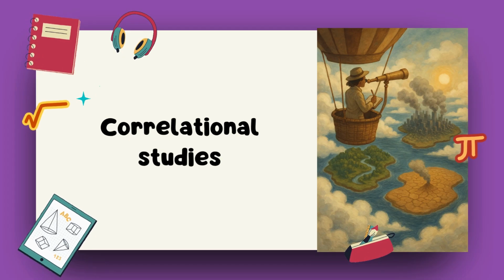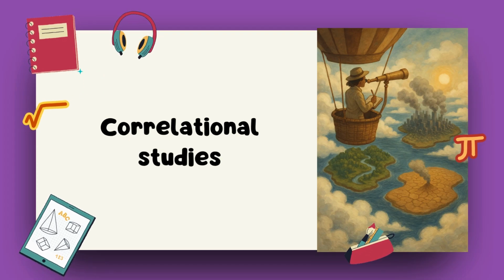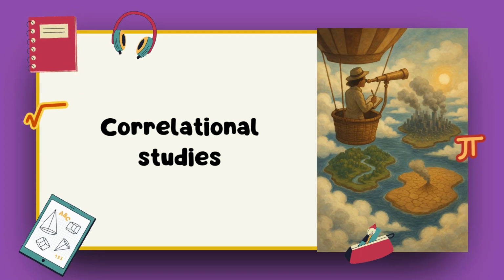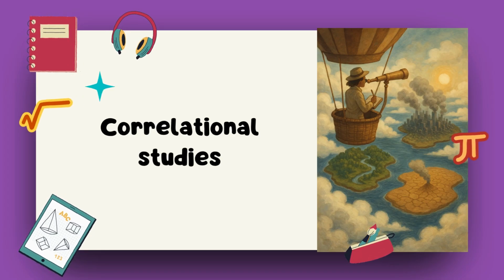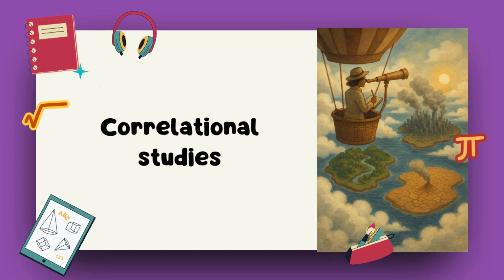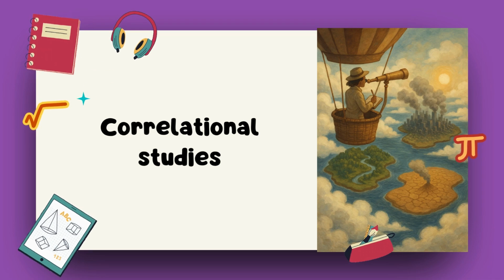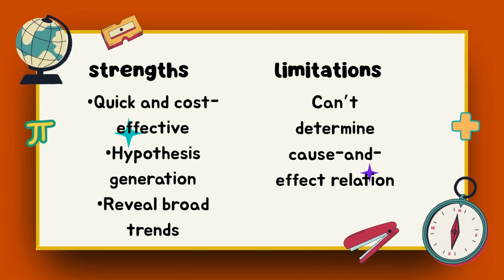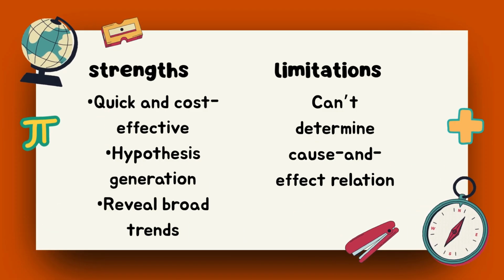Exactly. You mentioned the hot air balloon analogy earlier. Yeah, observing different islands, different populations, from a distance, no interaction. That fits well. Correlational studies, or sometimes ecological studies, look at relationships between variables at a group level. Like comparing average ice cream sales and crime rates across different cities. Precisely. Their strengths are they're quick, cheap, good for generating more hypotheses, and can show broad trends.